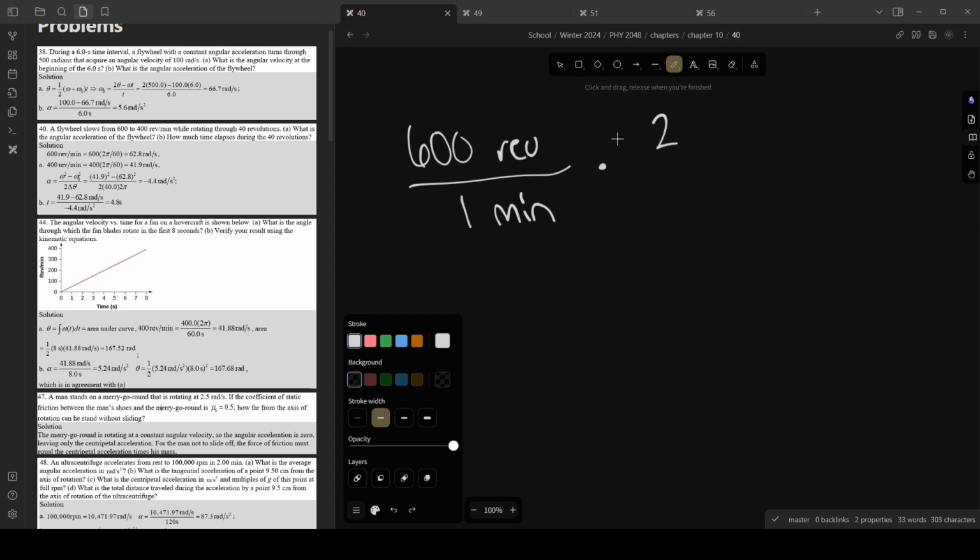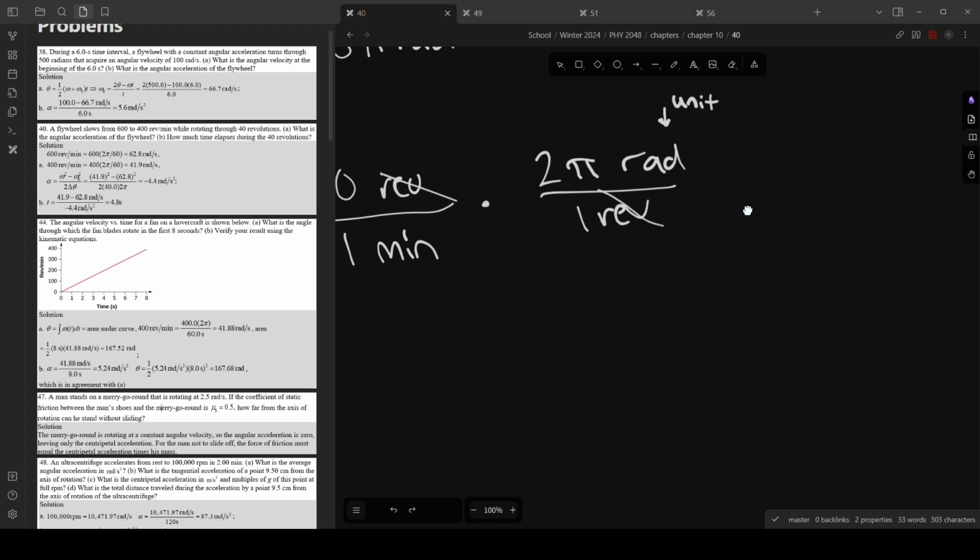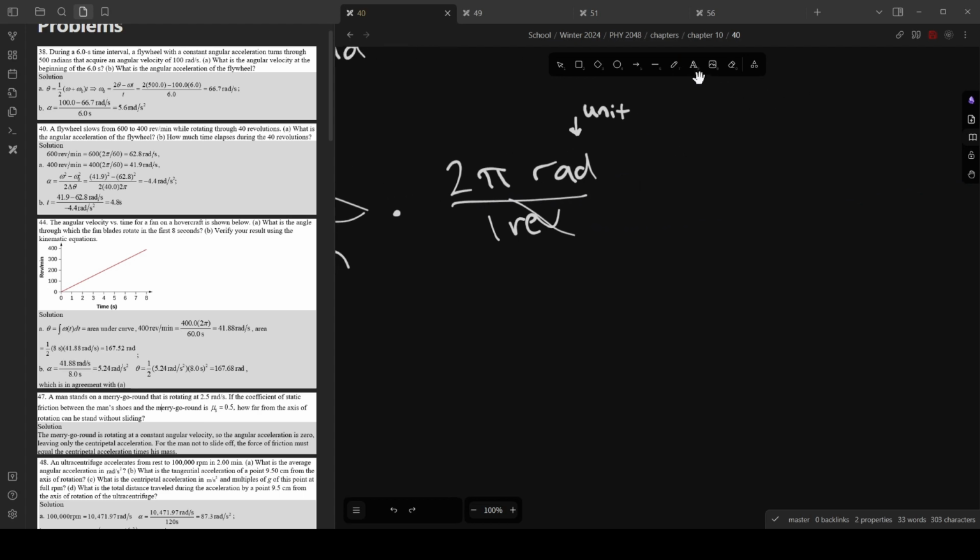As before, one revolution is 2 pi radians, rad. Remember, this is a unit. And then we have 1 revolution. So these cancel. The radians is left behind, 2 pi radians times 600.